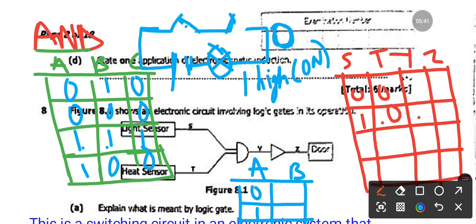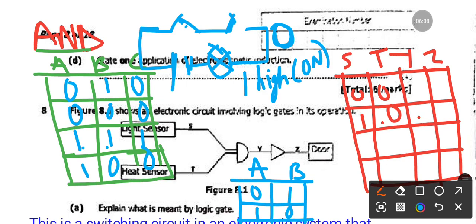So if we're inputting 1 into the logic gate, then the output would be 0. And if we're inputting 0 into the NOT gate, then the resulting output would be 1. So the logic gate acts as an inverter. With this said, let us finish this truth table that the examiner tasked us with.